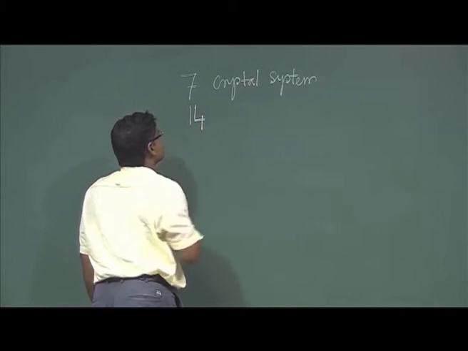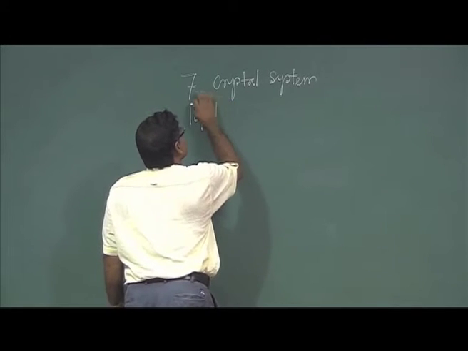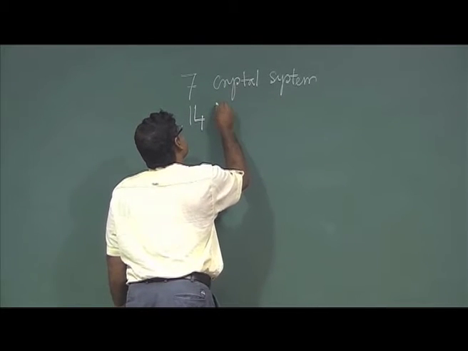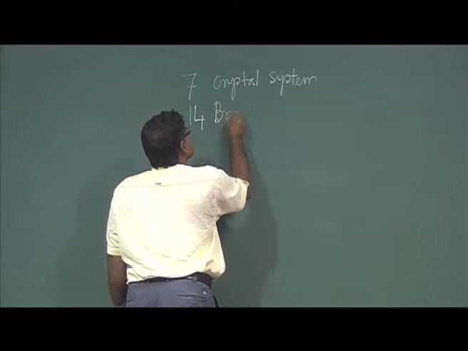Considering these off-corner points, the 7 crystal systems give basically 14 Bravais lattices.